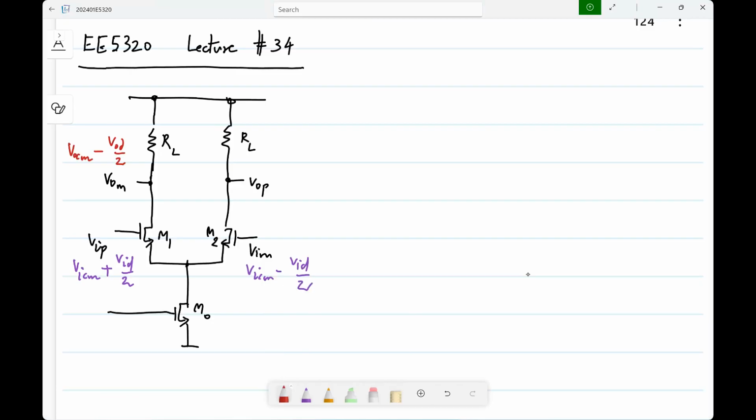I have defined this side to be VOM. That's why I put minus. It doesn't matter which way you put it. You will always, of course, get the right answer. Output common mode plus minus half the differential component. Okay. So now we can do half circuit analysis with this.